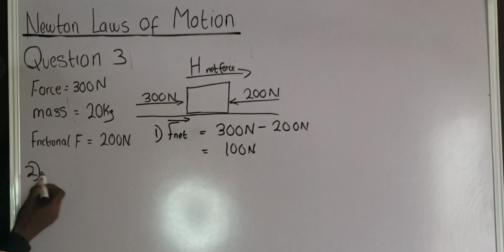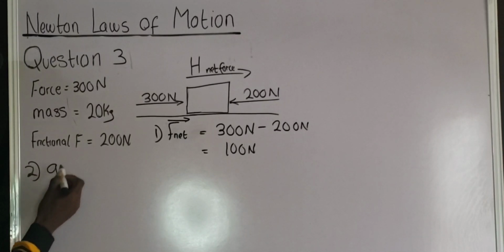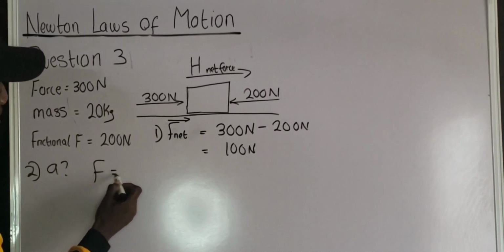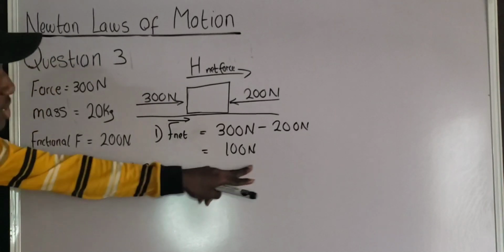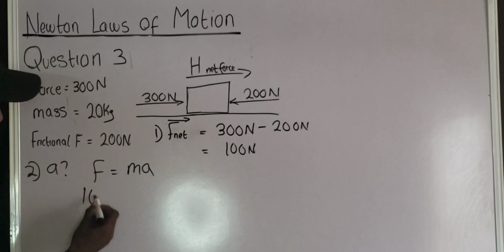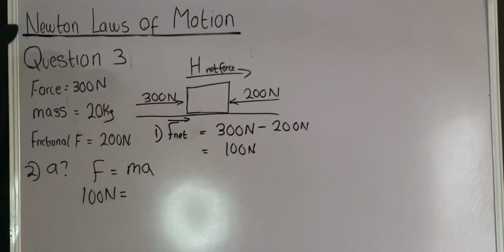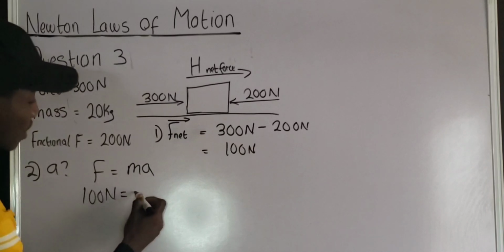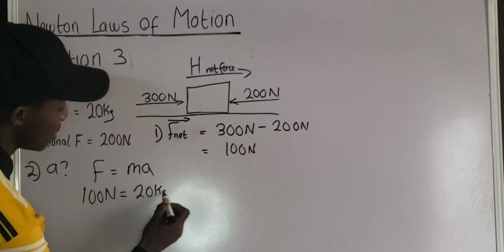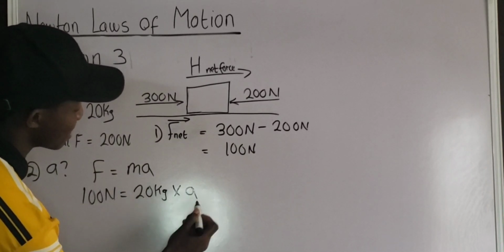To determine the acceleration, we are going to use F, which is the force, equals the product of mass and acceleration. We know that the force is 100 Newton, so 100 Newton equals mass. The mass given in the question is 20 kilogram, so 20 kilogram multiplied by the acceleration.